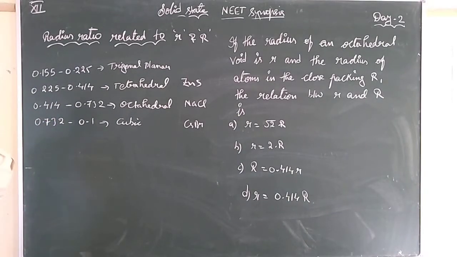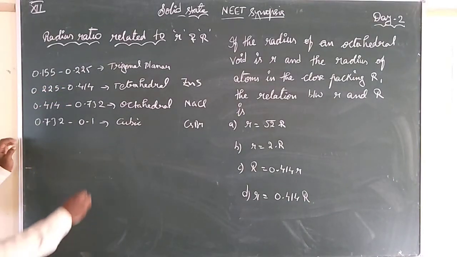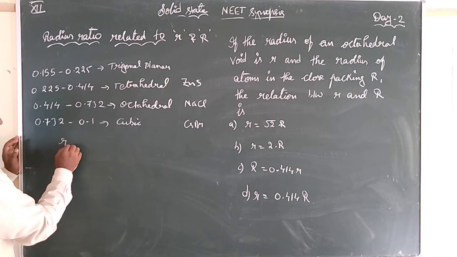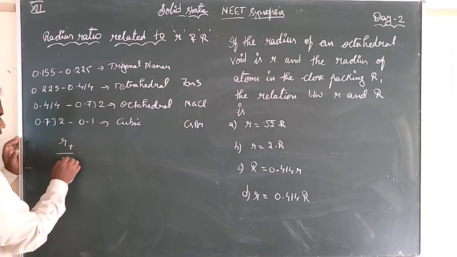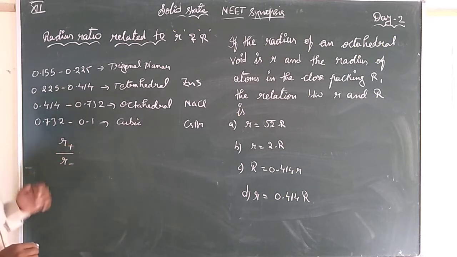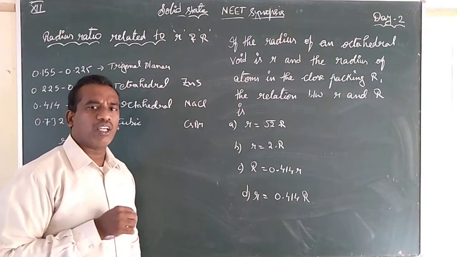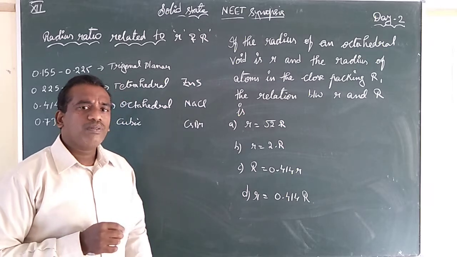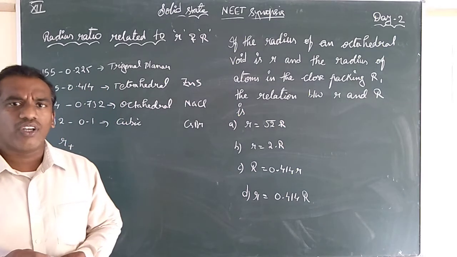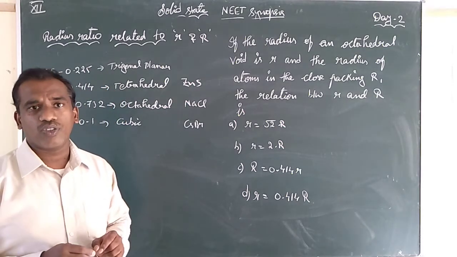These types will mostly come in questions. How did we get this value? The radius of the cation upon the radius of the anion is called the radius ratio. Generally, cations are very small in size, so these cations will be surrounded by anions.